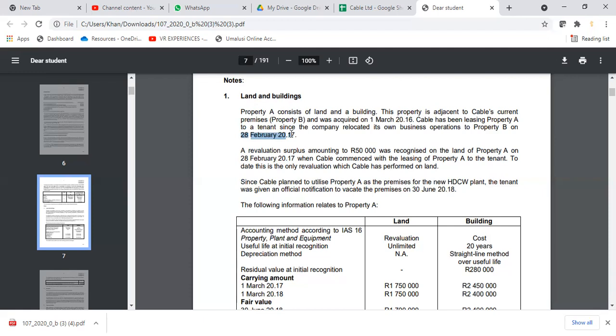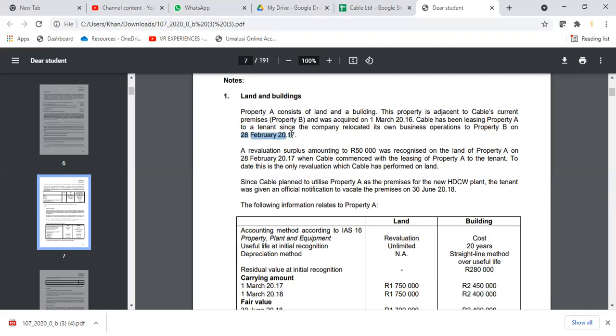Because now the issue is those companies have these structures to earn rental income, because in order for Vodacom or MTN to attach their equipment to this fixed structure, they pay a monthly or annual fee. So they pay a rental fee to these other companies. So this is held for rental income.